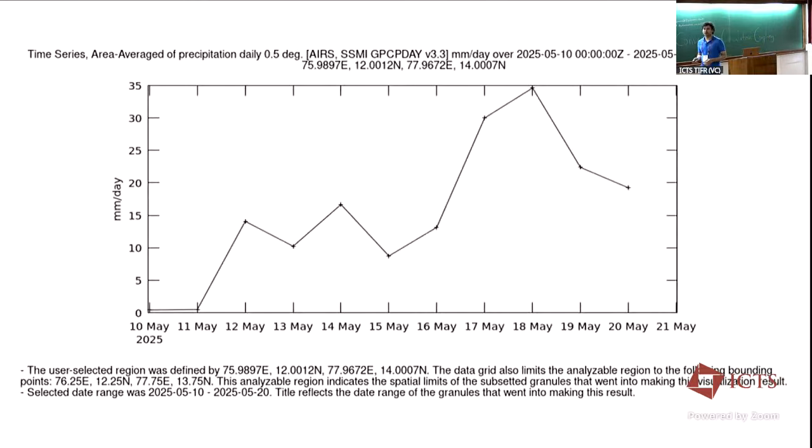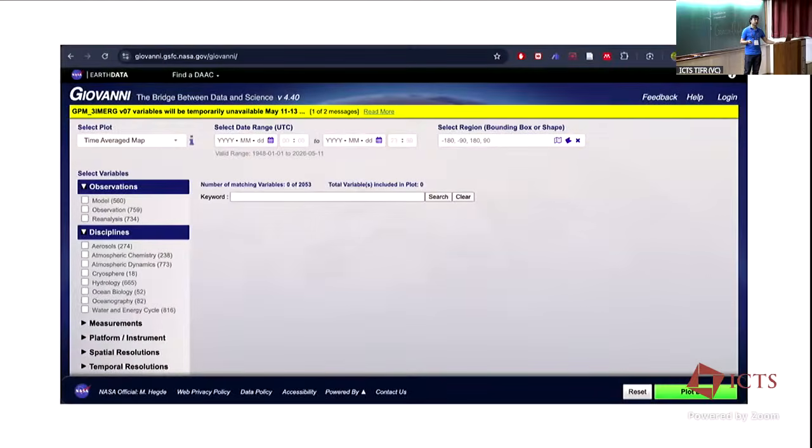This was the precipitation time series that I plotted. I just used a NASA data visualization web portal. You need to log in, otherwise there is a memory limit. Once you log in, there is still a memory limit, but it's much more relaxed.